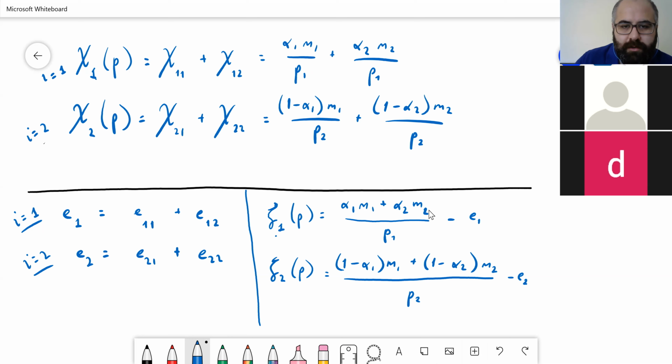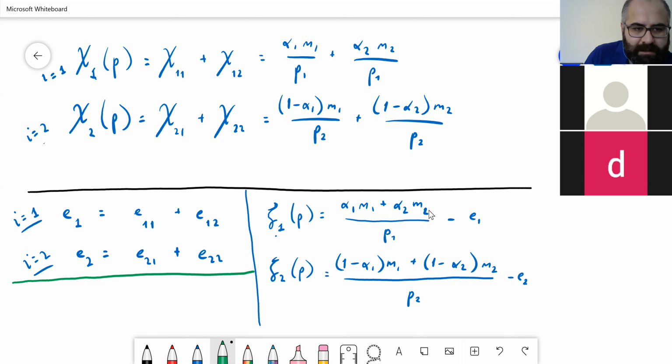Now, you have excess demands. Now, be careful. I'm writing them as a function of price, but actually, if you write them explicitly, they are functions of prices and endowments.